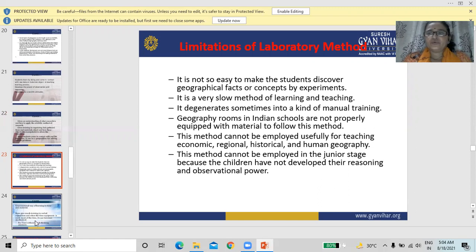Next limitation of laboratory method is geography rooms in Indian schools are not properly well equipped with material to follow this method. This method cannot be employed usefully for teaching economic, regional, historical, and human geography.